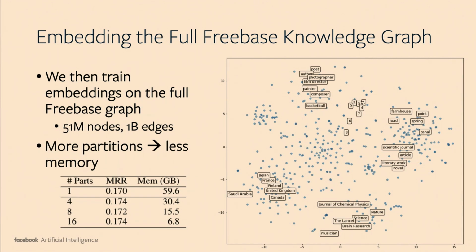And this is just a very small subset, but you have basically every entity in Wikipedia embedded in this same space. And what we show is that as you partition the graph more finely, you use less memory, down to, with 16 partitions, 8x less memory while achieving the same performance in mean reciprocal rank, which is the metric you use for these tasks.